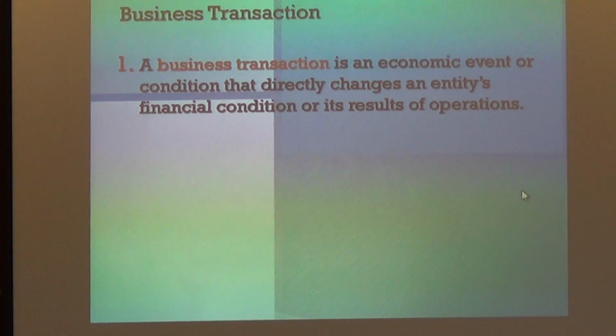But one thing I will add to what you read: a business transaction is obviously something that's happened to change our financial condition, but there's got to be a commitment between both sides. So if you walk into the store and say, I'm going to buy that, but have they given you anything for that yet? Has there been any real commitment as a part of that? If not, then there may not be an actual transaction.